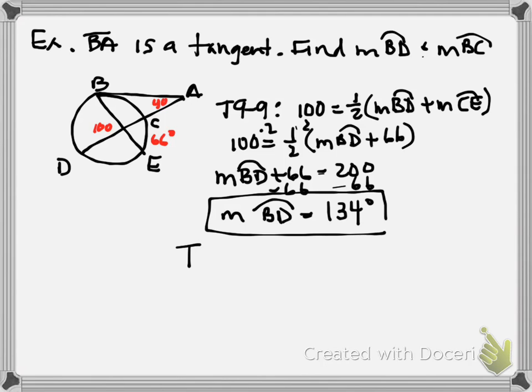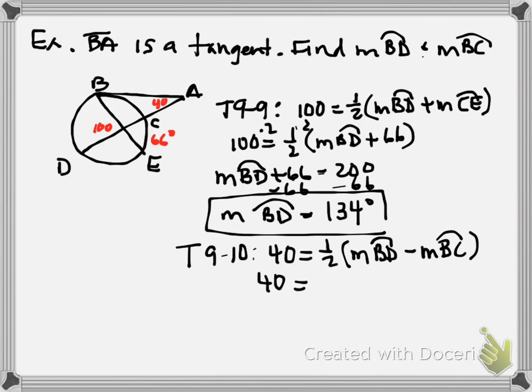Now I move into a tangent and a secant, and it's saying that the measure of angle A, which is at 40 degrees, is going to be equal to 1/2 the difference of the intercepted arcs. So the larger intercepted arc is BD. The smaller intercepted arc is the measure of arc BC.